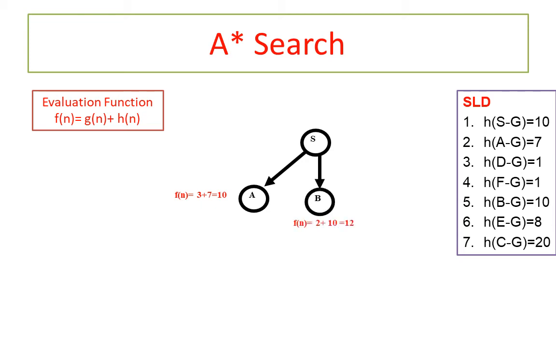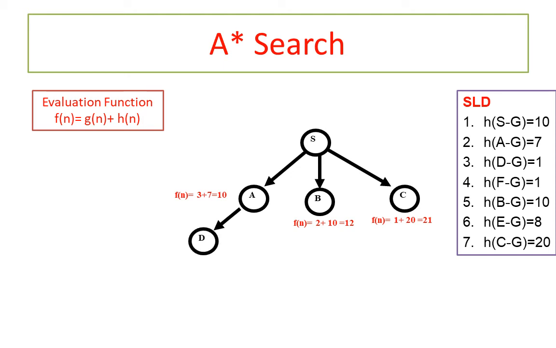Then for B it is 2 plus 20. From S to B it is 2, and the straight line distance is 20, therefore 22. And for C we have 1 plus 20, so 1 plus 21 means S to C is 1, and the straight line distance is 21. Here again A is minimum, so we are choosing that path.